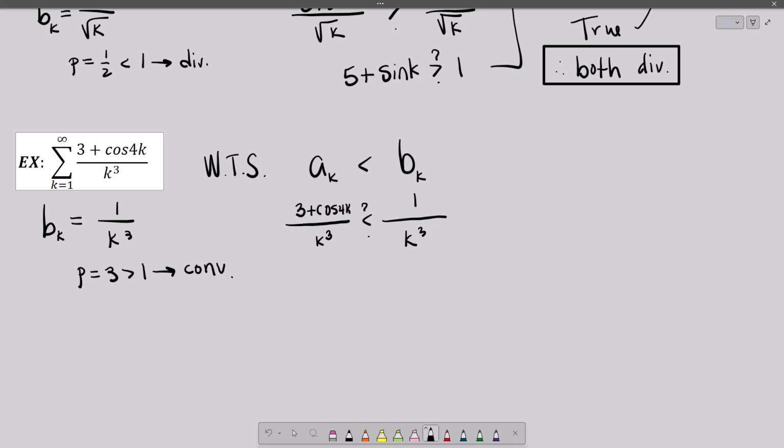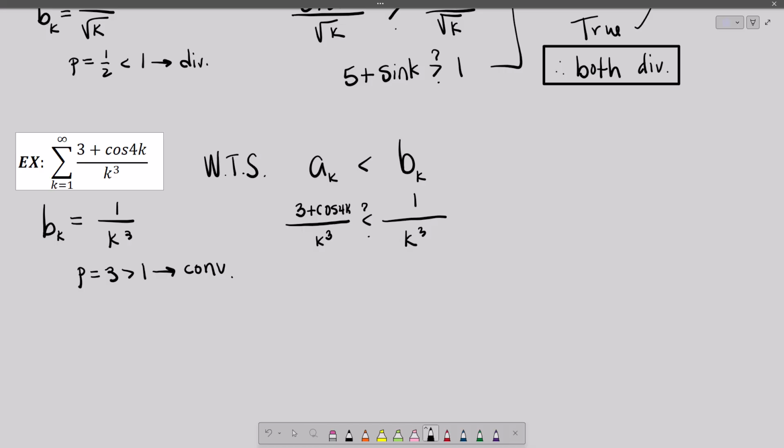But can we fiddle with the b to make it true? What is the most this numerator ever is? 4. That's the largest that numerator ever is. We're using a strict inequality. You could use a less than or equal to if you wanted. But because we are using a strict inequality, 4 is not going to work for us. But we can pick any number we want.